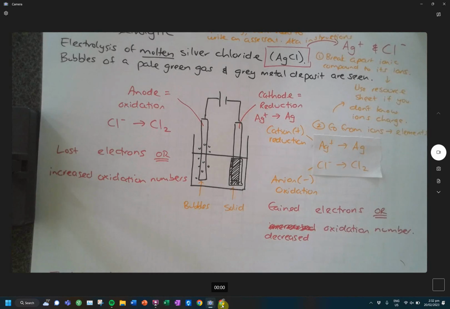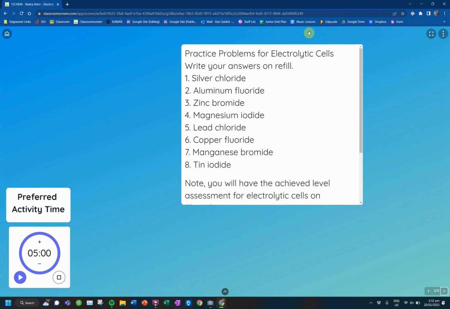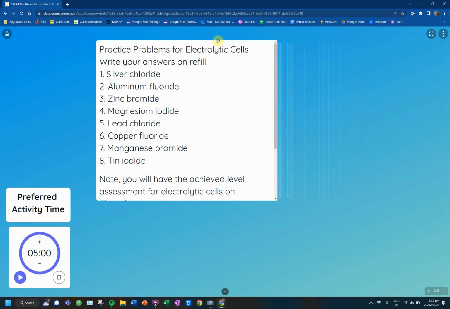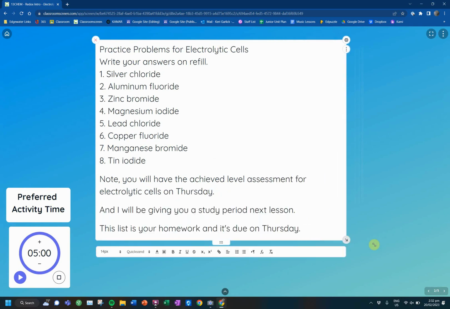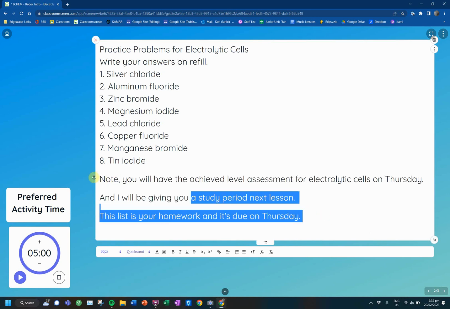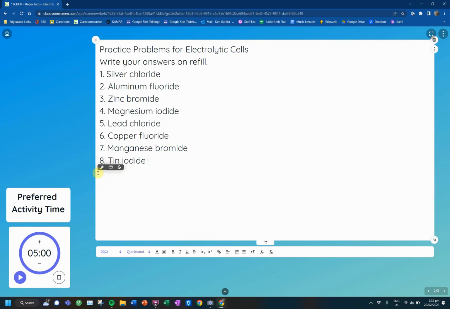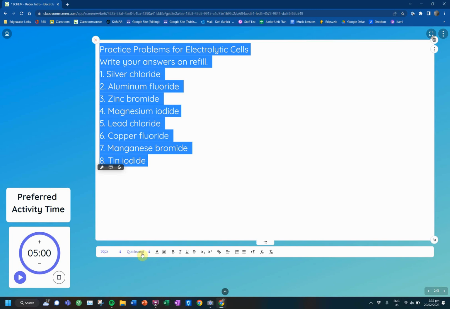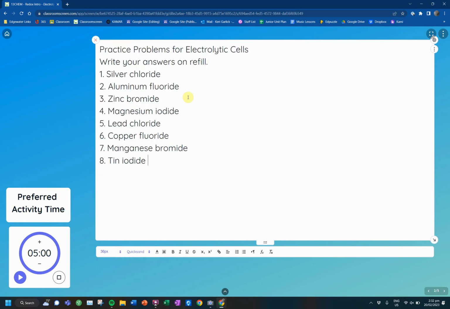Sound good? All right, what questions do you have? All right, so what I will now put on the board are these practice problems for you guys to do. Like I said, we've done the silver chloride. I'm going to cross this out because I want to talk to you guys about what you want to do. So that doesn't need to be there. I'll give you the formulas as well.